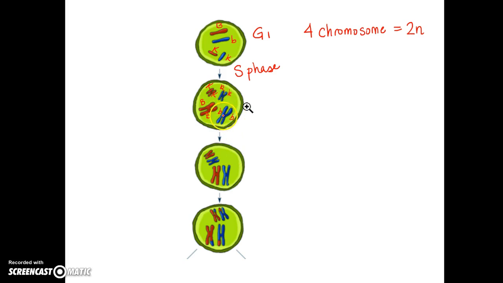And now we're going to enter prophase, the first prophase, so it's prophase 1. What you'll see happen, see how they kind of switched? They came together, and you'll see some blue here and some red here. This is called crossing over, and it happens right here.